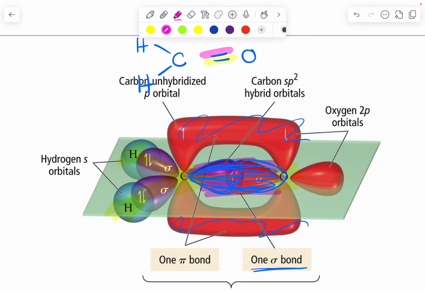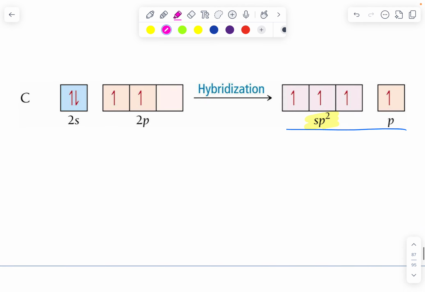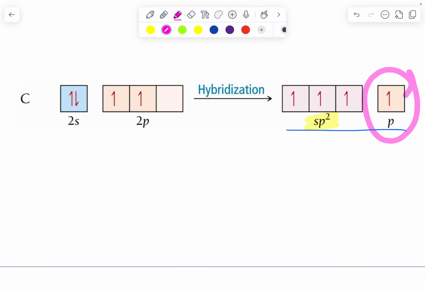So the second of those bonds comes from this unhybridized p orbital up here. One of these formed a bond with the hydrogen by overlapping. One of them formed a bond with the other hydrogen by overlapping.